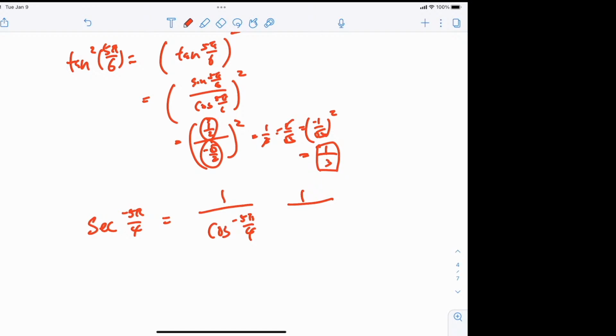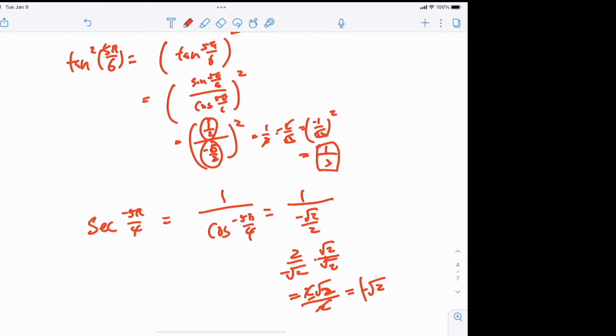There you go. It's actually negative, right? So that's equal to that. So it'll be 2 over -√2, and you're going to rationalize this. So it'll be 2 square root 2 over 2, and it'll end up to be negative square root 2, I think. Is that right?